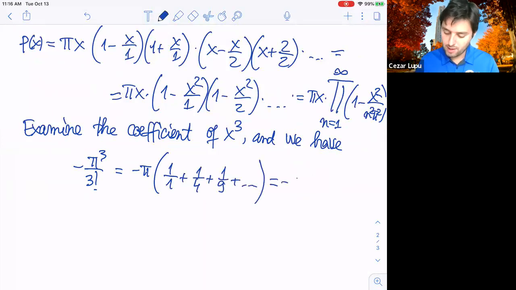Which is nothing else than negative pi times this series. And you get the result. So this is how Euler proved it.